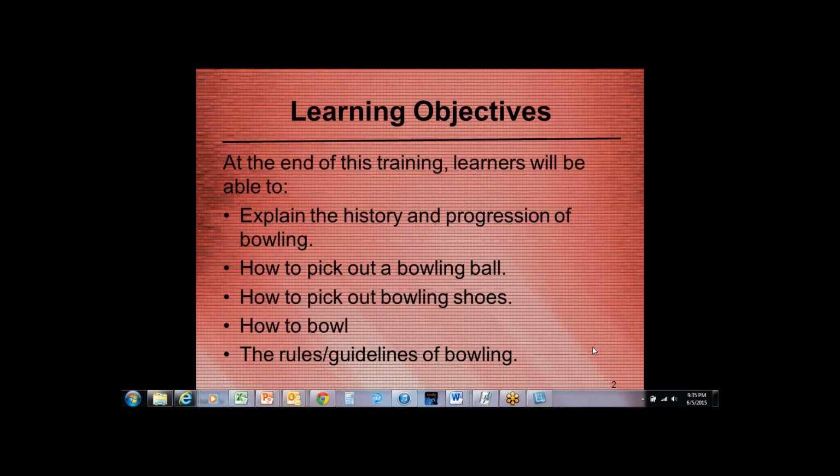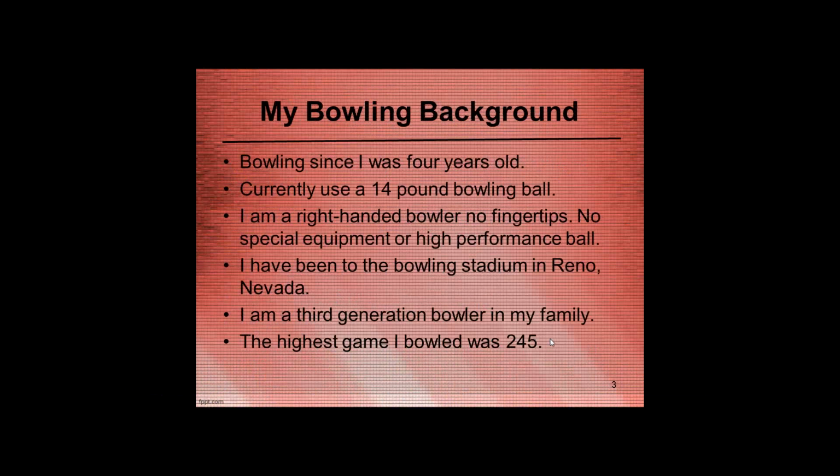Learning objectives: at the end of this training, learners will be able to explain the history and progression of bowling, how to pick out a bowling ball, how to pick out bowling shoes, how to bowl, and the rules and guidelines of bowling. I have been bowling since I was 4 years old.